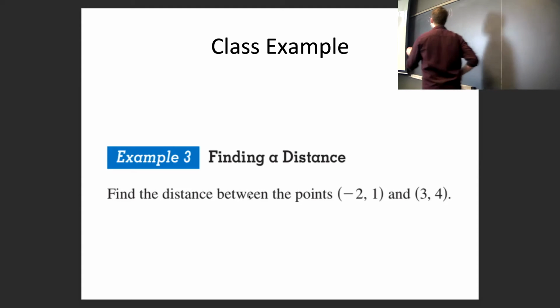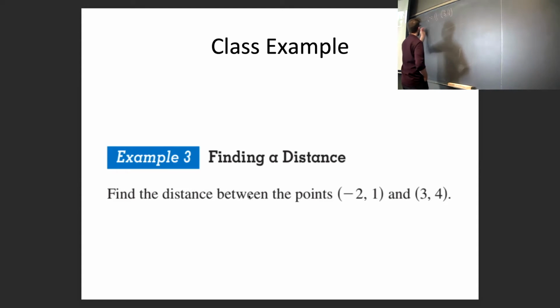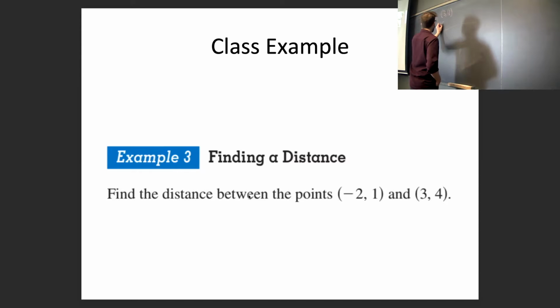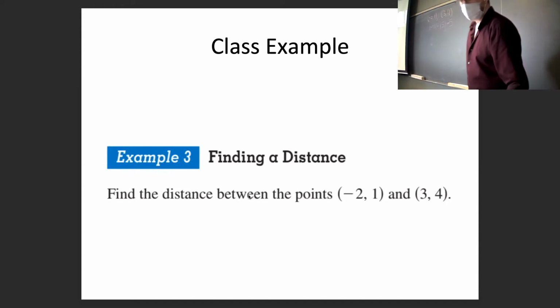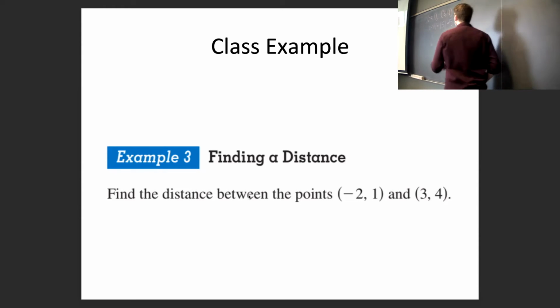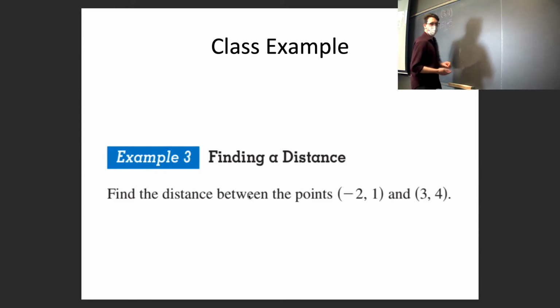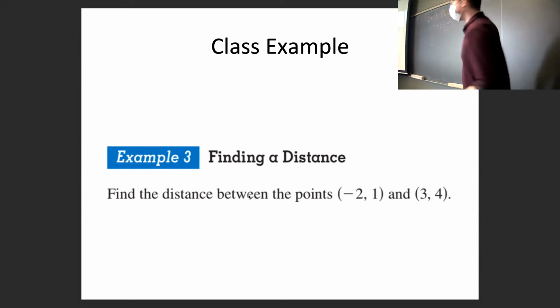First thing we're going to do is take the difference of the x values and apply the absolute value to that. So the absolute value of 3 minus -2, this is going to be the absolute value of 5, which is just 5. Now, let me actually write it like this.